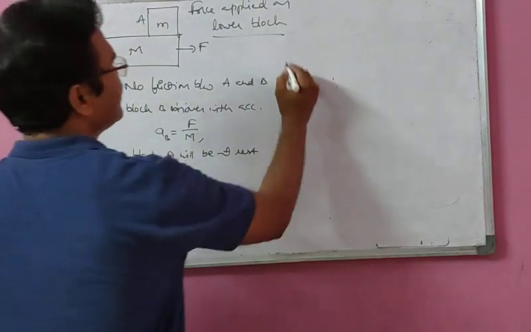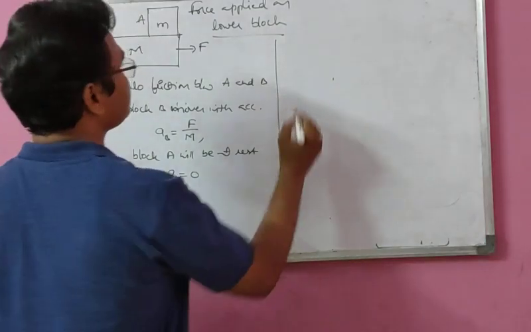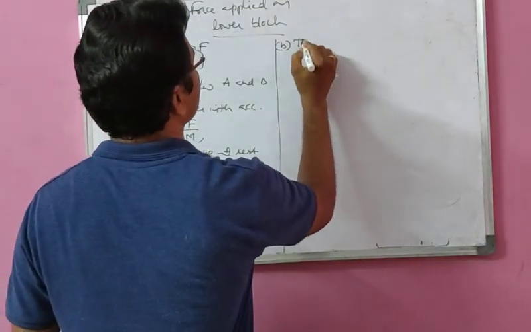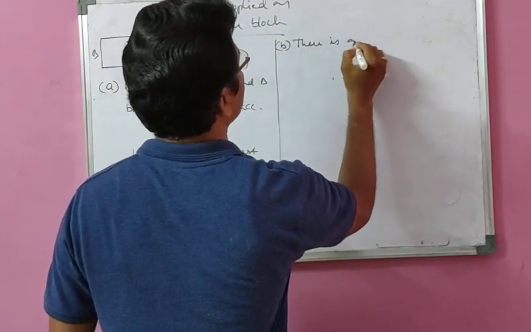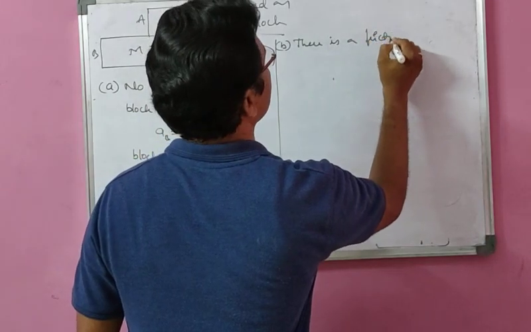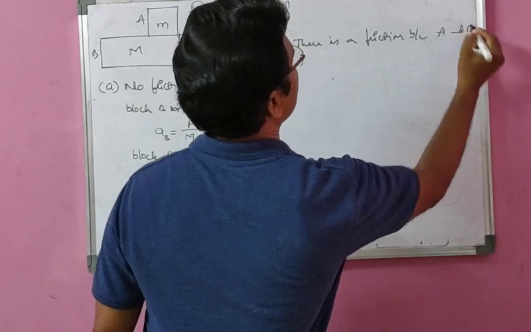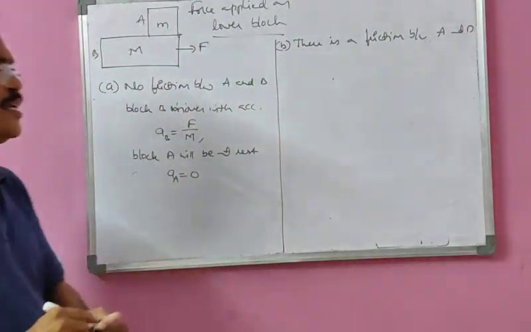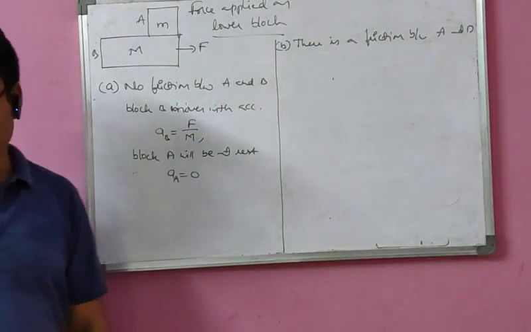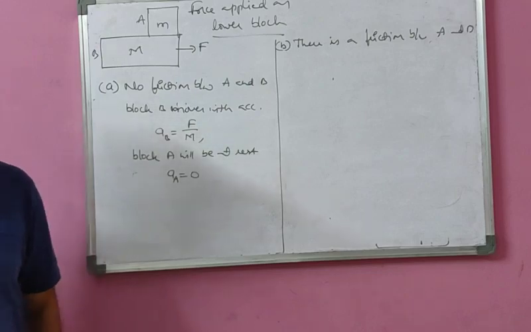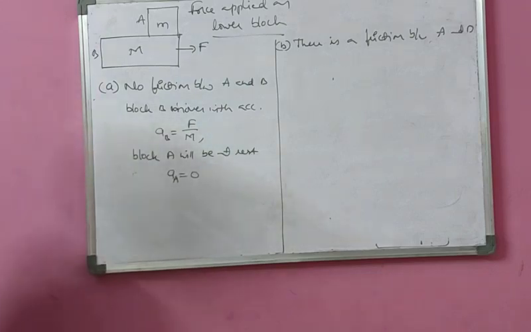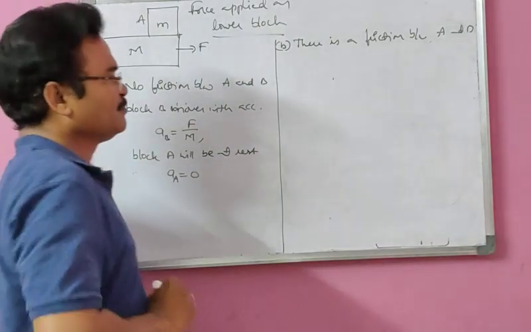Second case I am going to take here: there is friction between A and B. If there is friction between A and B, what happens here? Very important to understand here.